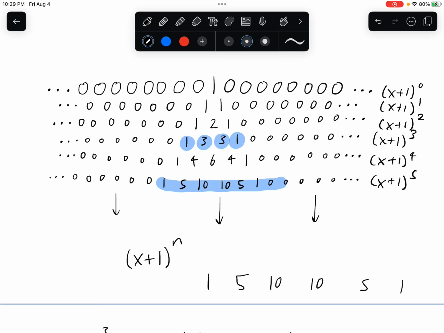And we just write x in increasing powers. X to the 0, x to the 1, x to the 2, x to the 3, x to the 4, and x to the 5. And put plus signs in between. And there we go. We expanded x plus 1 to the fifth. So Pascal's triangle is very handy.